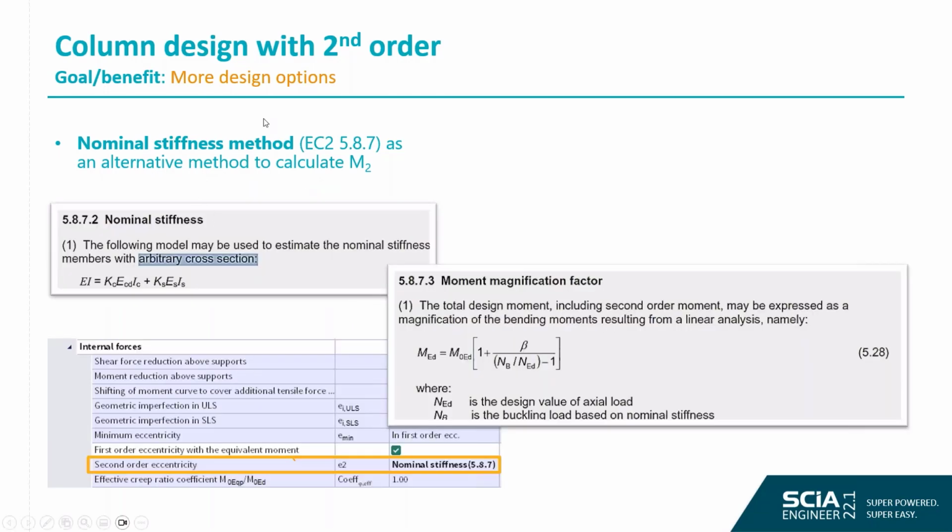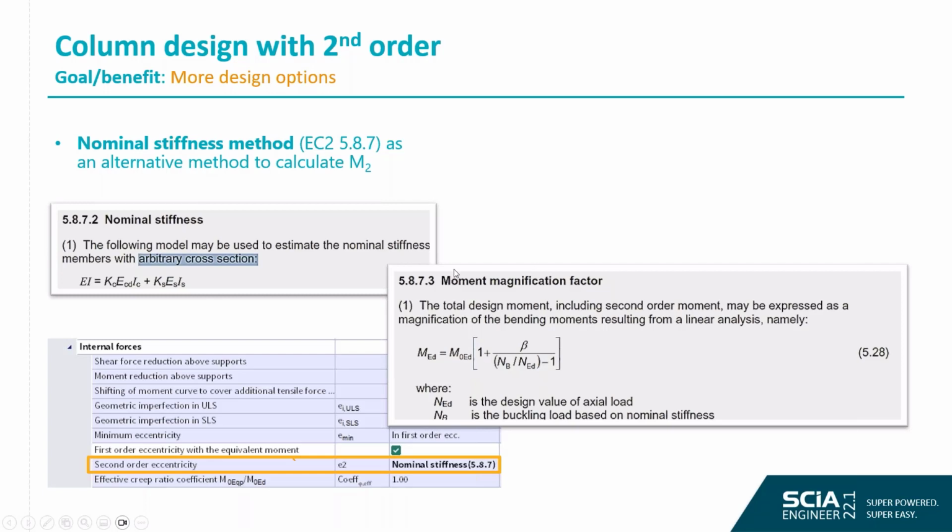So let me dive in a little bit. Nominal stiffness method, as I said, is an alternative method to calculate second order moment. It's based on the assumption that the nominal stiffness is evaluated considering the effects of creep and cracking via the coefficient Kc, and also the reinforcement via the second part of the equation.